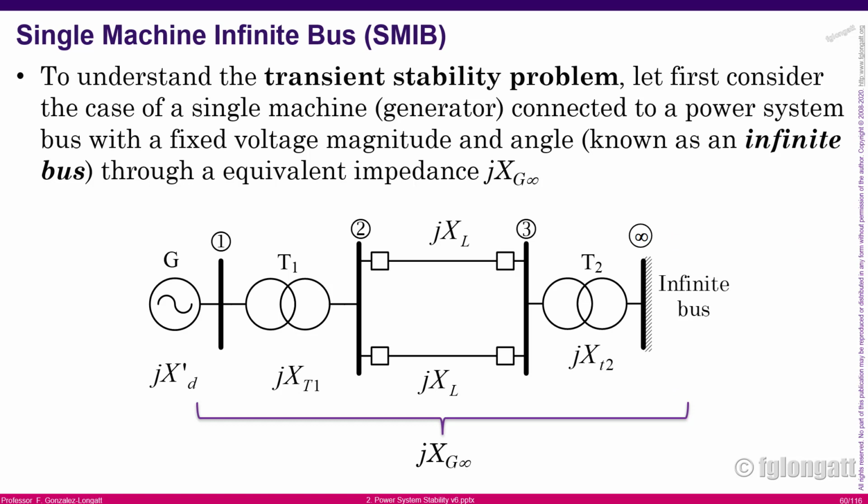And then what I will say is, okay, this machine is delivering power to the grid, and this reactance over here is the reactance defining the electrical interaction between the generator and the infinity bus in terms of active power, okay?